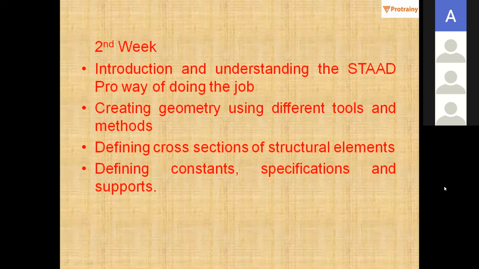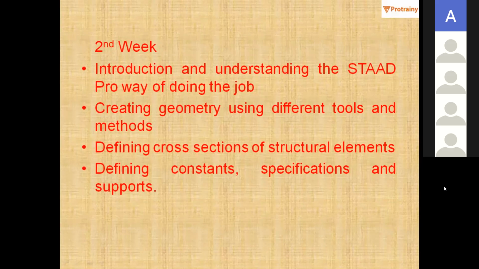And after creating this model, we are going to induce simulation, to find out the behavior of this structure when vertical loads or lateral loads or anything else will be applied on it.